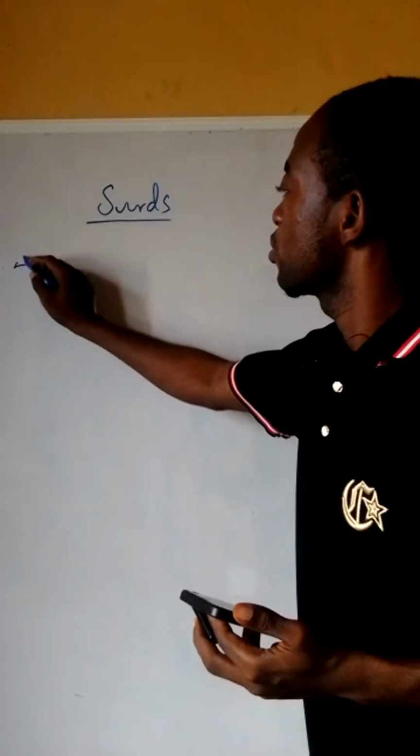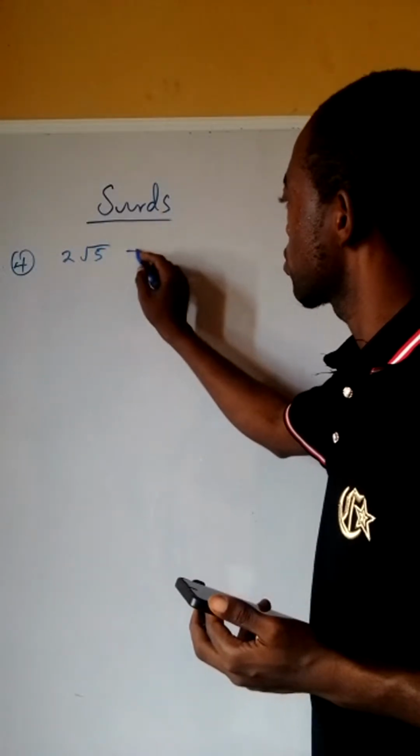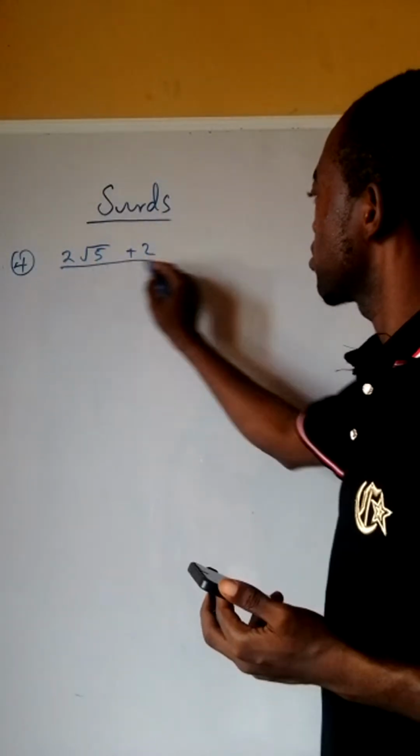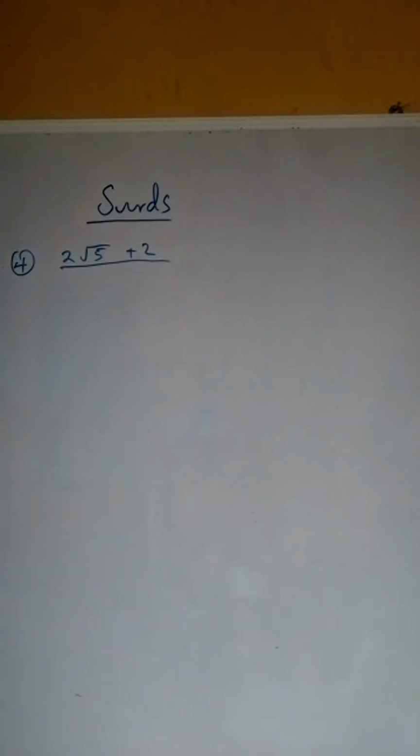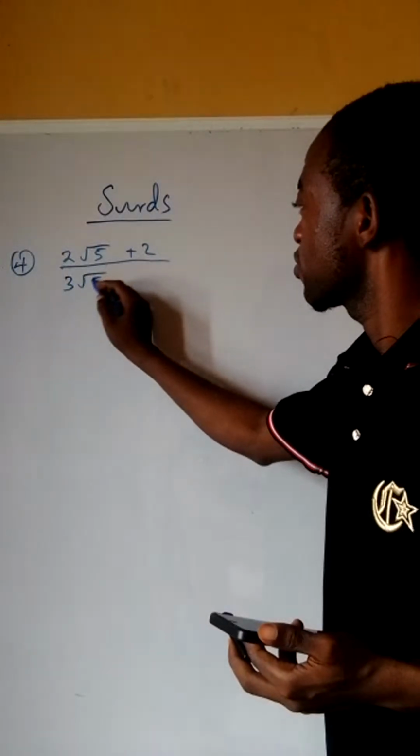That is, also we simplify (2 root 5 plus 2) over (3 root 5 plus 2). 2 root 5 plus 2 divided by 3 root 5 plus 2.